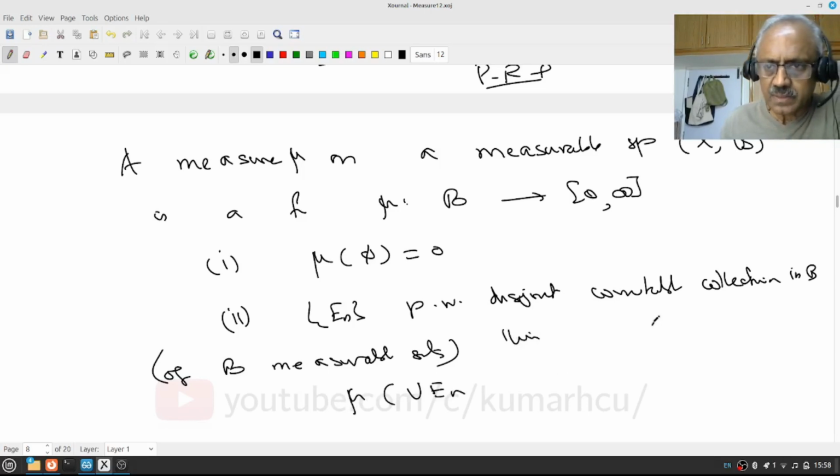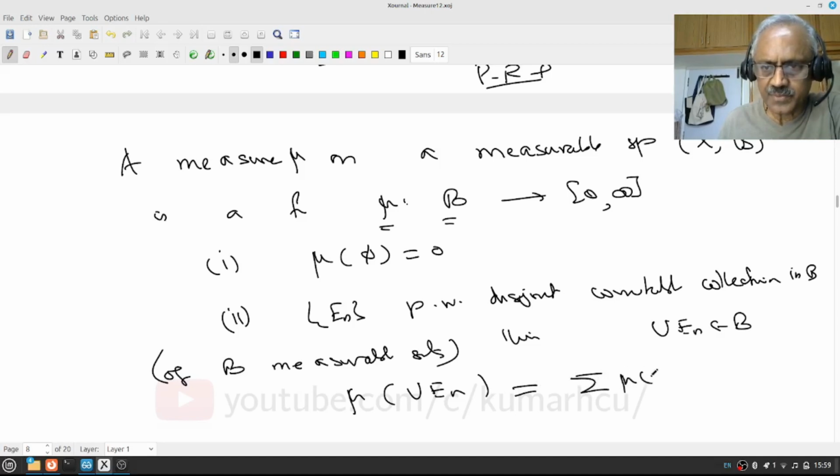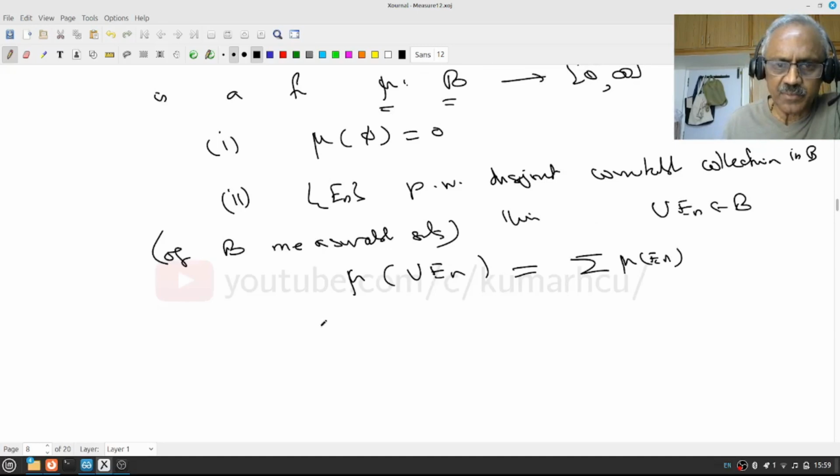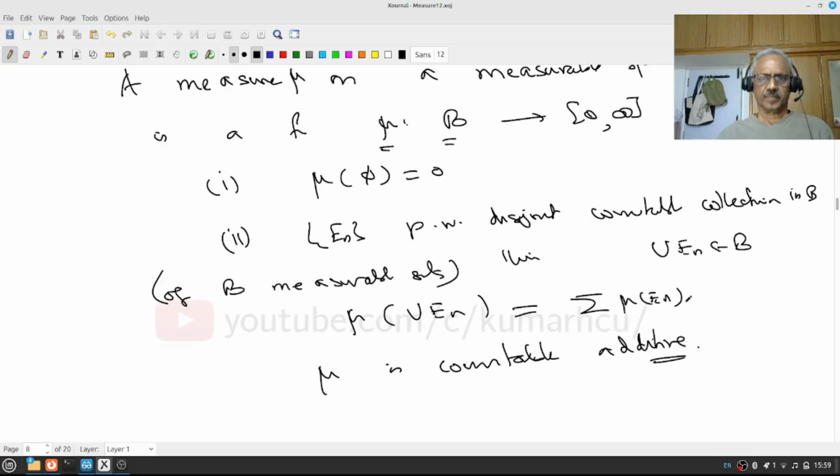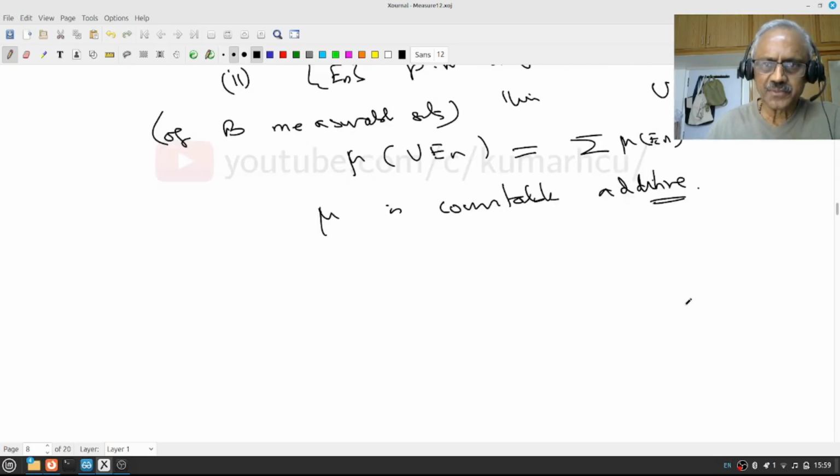Notice that this is a countable collection, therefore the union of E_n is also in B. Therefore mu of the union makes sense because the domain of mu is B. This equals the summation of mu of E_n. That is, mu is countably additive. Then we call mu a measure. That's it. You see that?